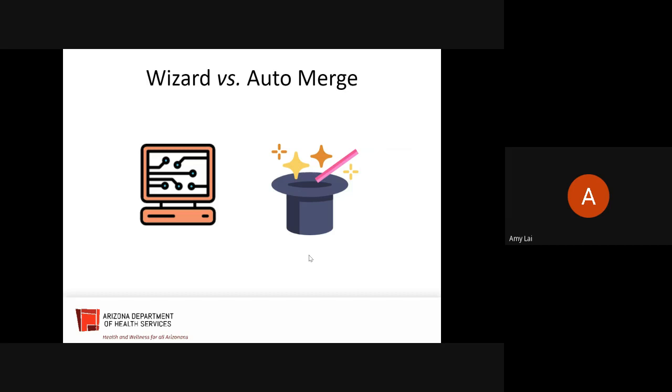So users can actually go in and pick and choose the information that you want to keep or you want to display. Auto merge, on the other hand, is any section that are auto merge, the system will do the merge on the back end. So you don't see how that was done.